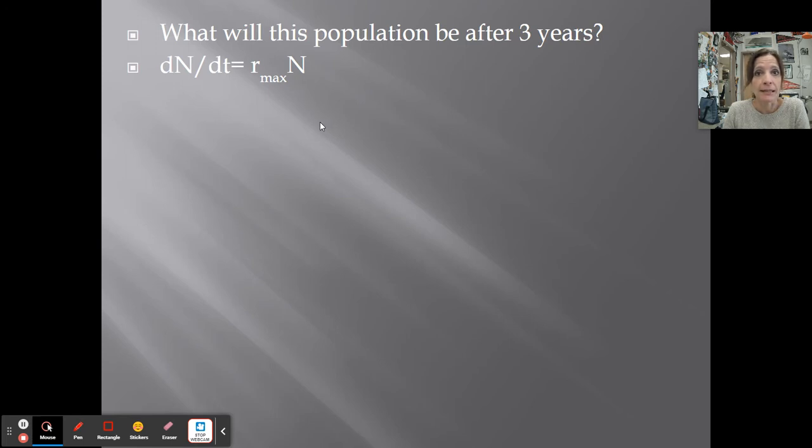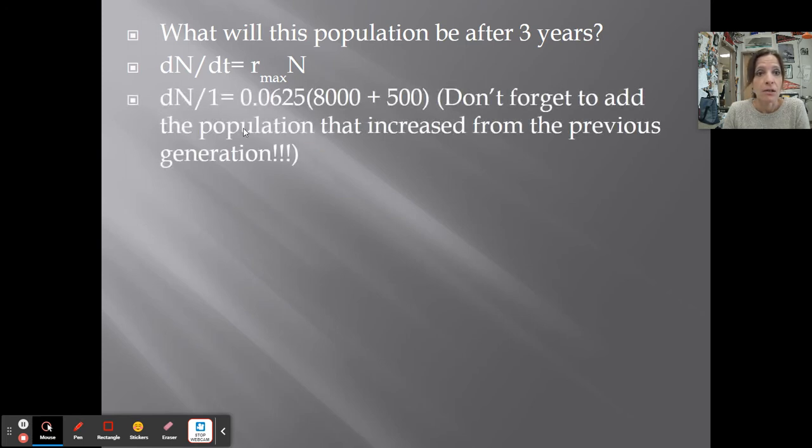Because you keep adding individuals to the population. So the first year, because you do it by year, that's why you divide by 1, you're going to have your 0.0625 times 8,000, and we did this before, and that gives you 500 individuals that first year. So after 1 year, the population would be 8,500.